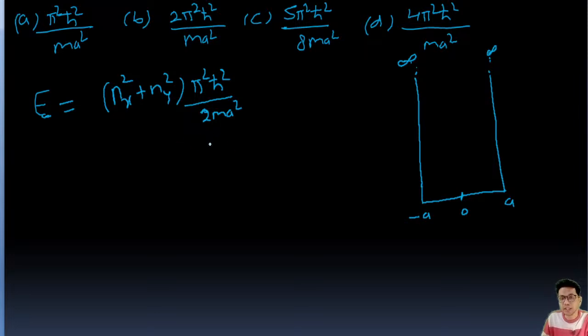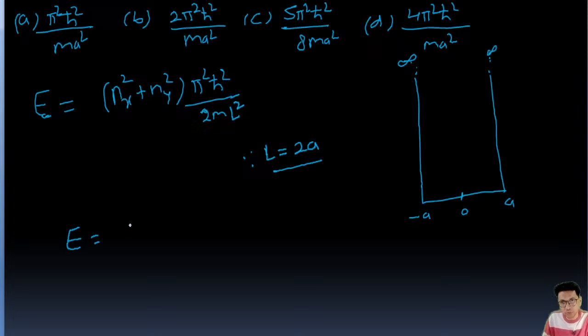Here for convenience I write L, L is the width of the potential box. Here L is 2a, so we put this value.